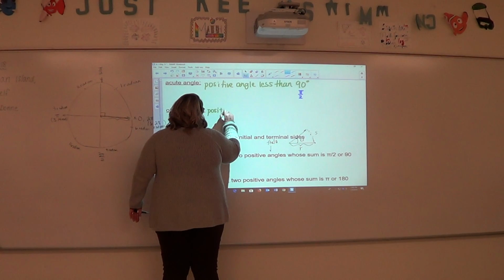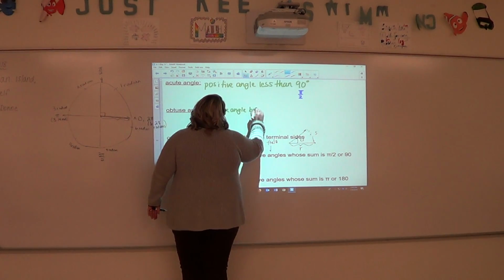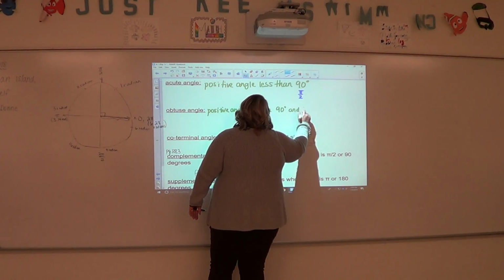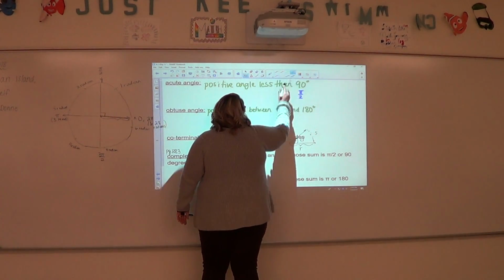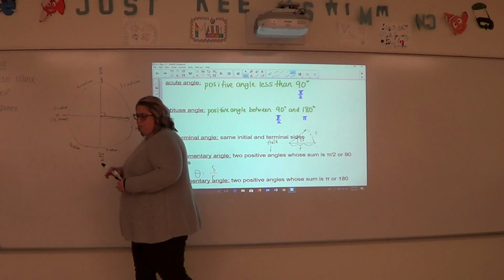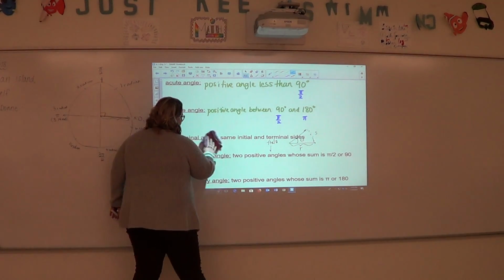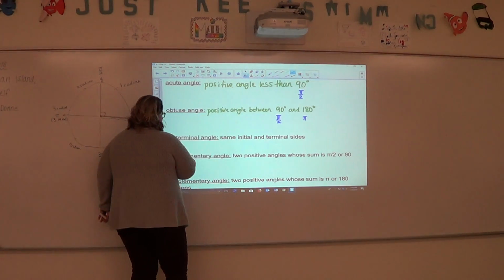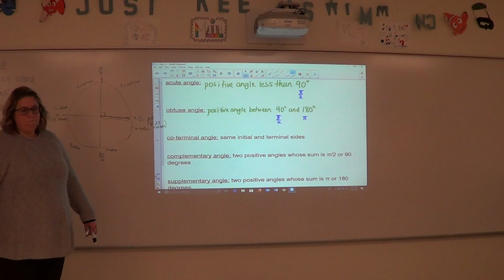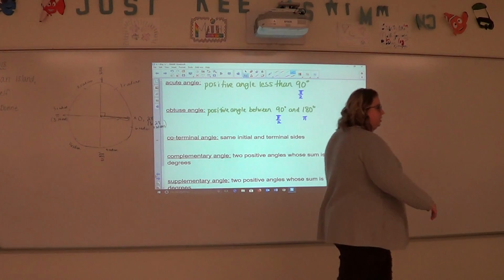So a positive angle between 90 degrees and 180 degrees, which in radians, that would be between pi over 2 and pi. Everybody good with acute and obtuse angles? Yeah. Okay.